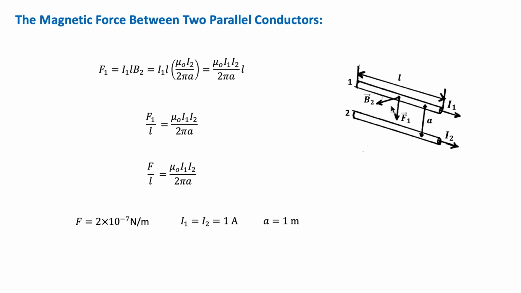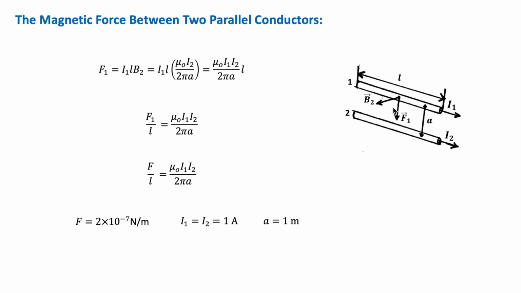And following similar analysis, the force F2 on wire 2 due to the field of wire 1 is equal in magnitude to F1 and is opposite in direction. So it is directed upwards towards wire 1, okay? And this also follows from Newton's third law.